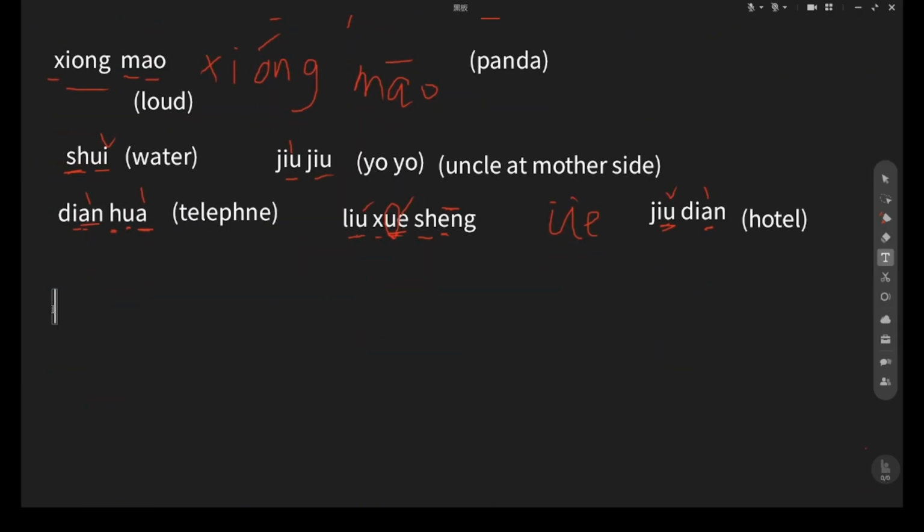Okay, so you see this one? How to pronounce this one? I use the number to represent tone, okay? This is flat tone. So how to read this? This vowel is E, actually we pronounce it one time. Just E, it's number 1.